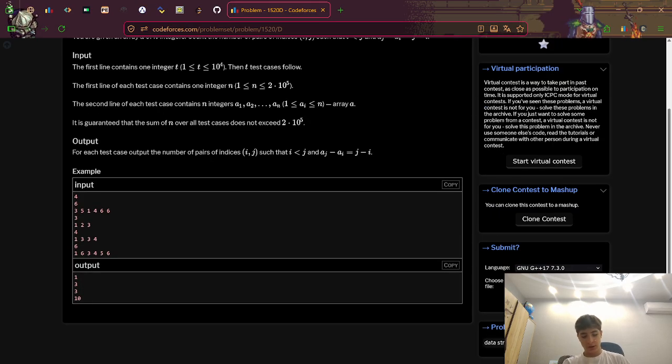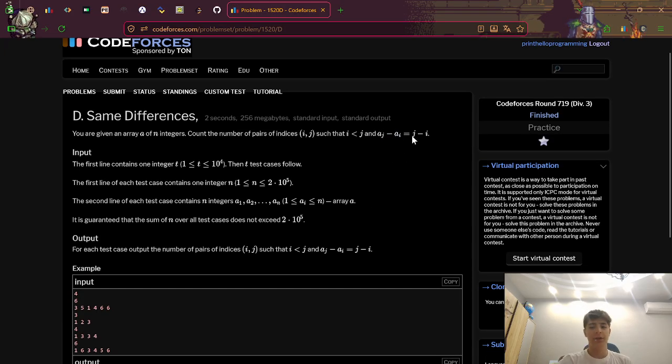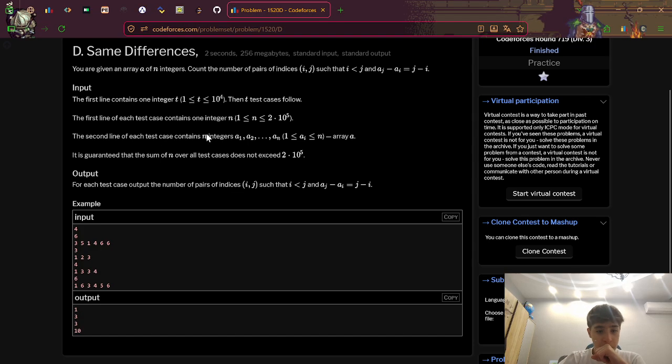I think it's also possible with two pointers. Yeah, there's hashing: we could count something in a map. Mainly, I'm thinking about a_j minus a_i. We know a_j and j and i, but we need to find this a_i.